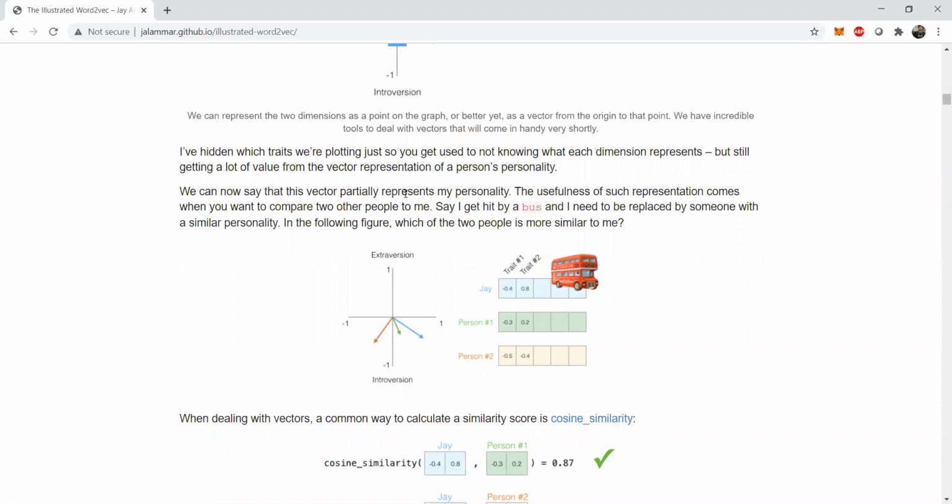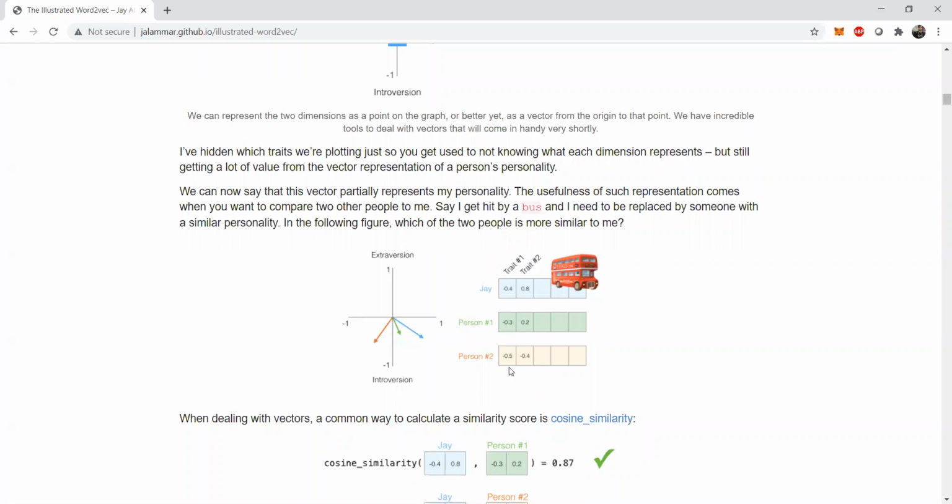If he wants to compare two persons on the basis of these characteristics, he will analyze them based on the two scores they generate. For person one, the score is -0.3 and 0.2, and for person two, it is -0.5 and -0.4.